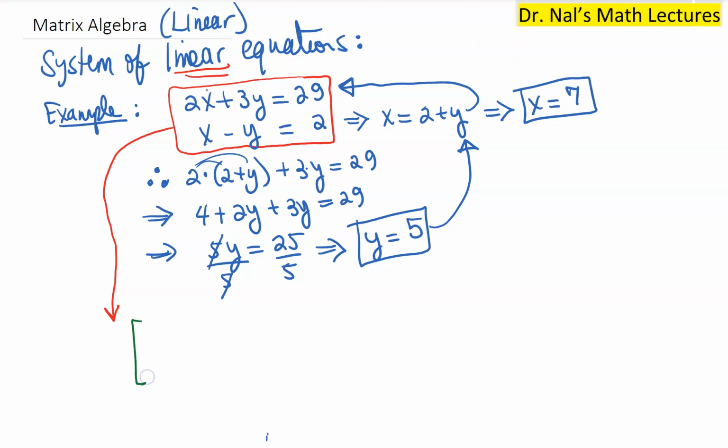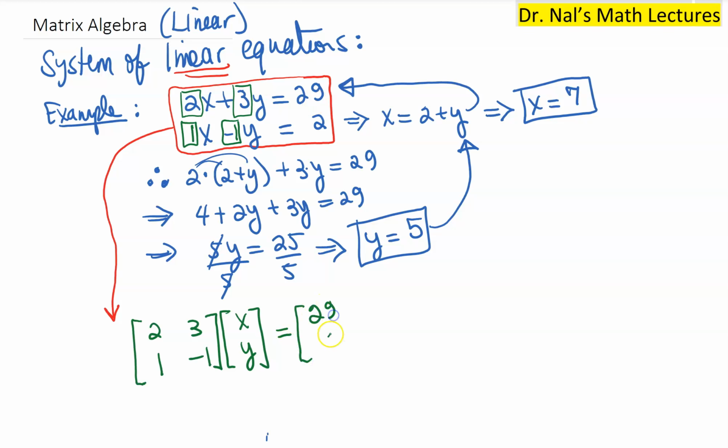There are 4 coefficients effectively here: 2, 3, an invisible 1, and then another invisible -1. So that would be my matrix of coefficients multiplied by a vector of variables, and that would be equal to, on the right hand side, 29 and 2.